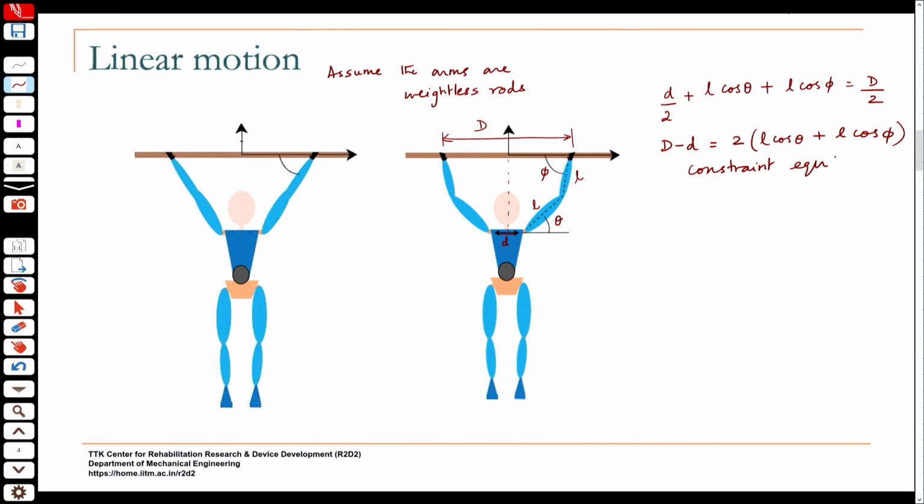I can differentiate this to get a relationship between d phi by dt and d theta by dt. So, let us do that. Differentiating, d and capital D are constants with respect to time, so 0 equals minus 2L sin theta into theta dot minus 2L sin phi into phi dot.